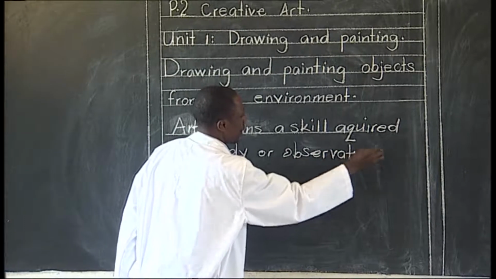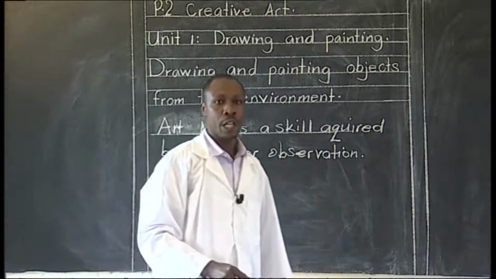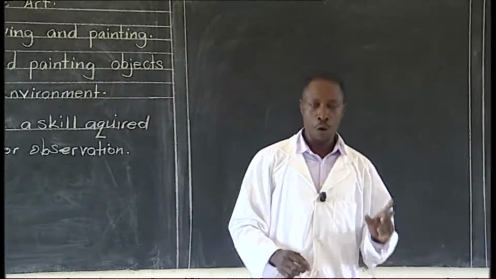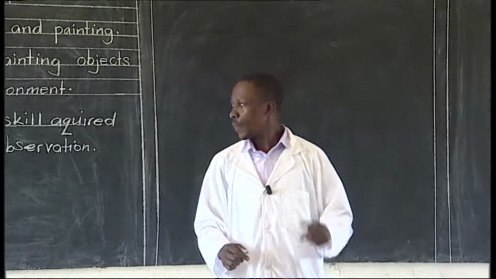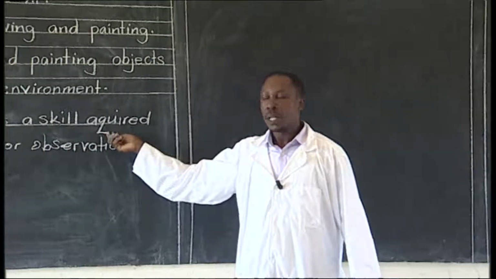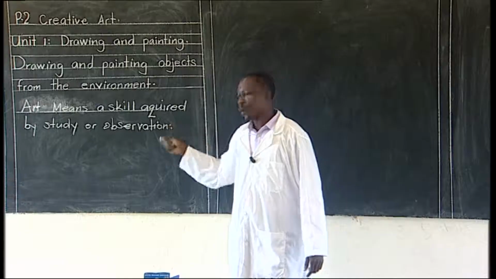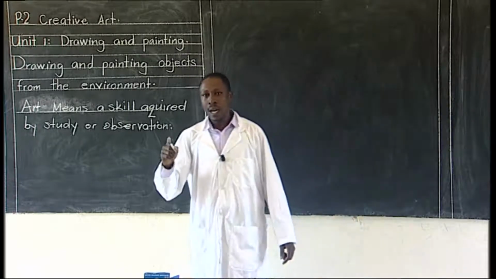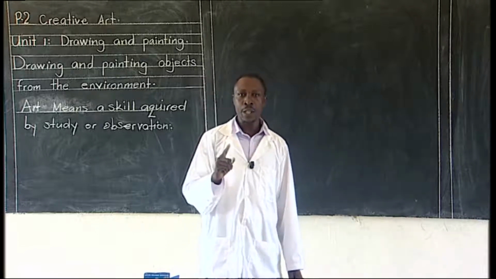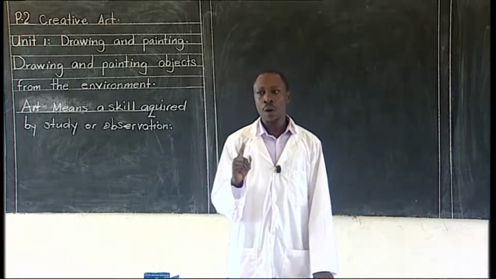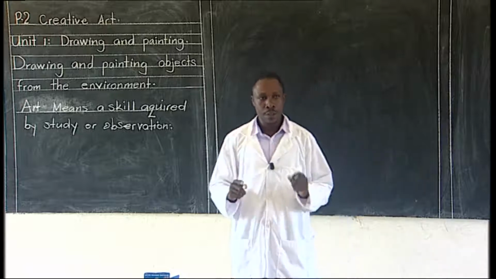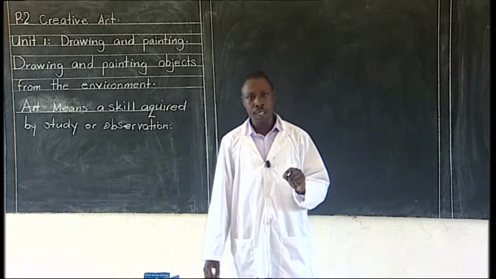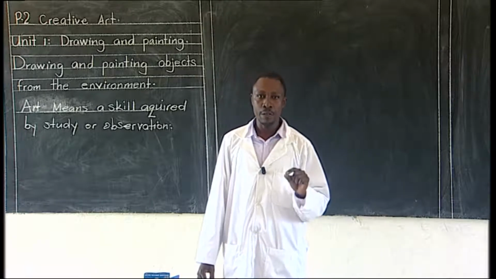Art is a skill developed by study or observation. Good. Let us repeat the definition of art. Repeat after me. Art is a skill developed or acquired through studying or observing objects from the environment.